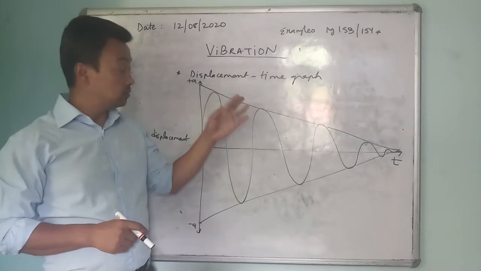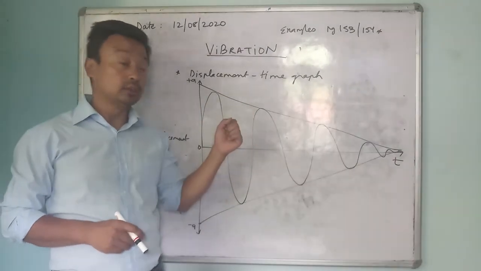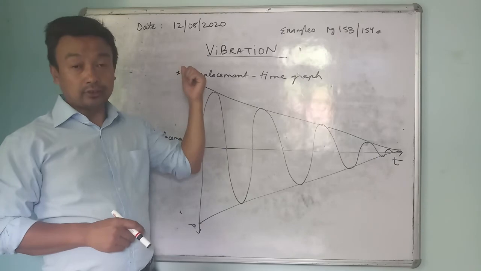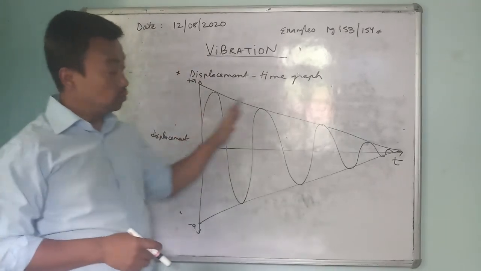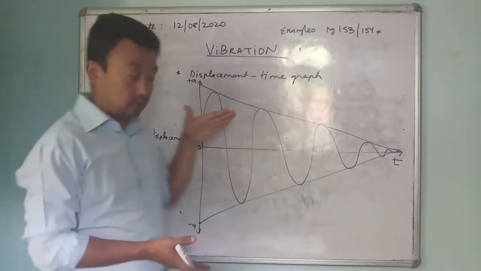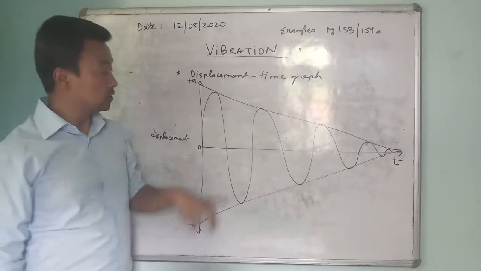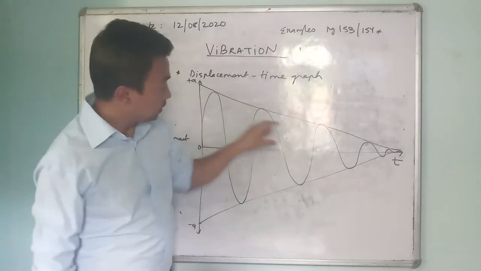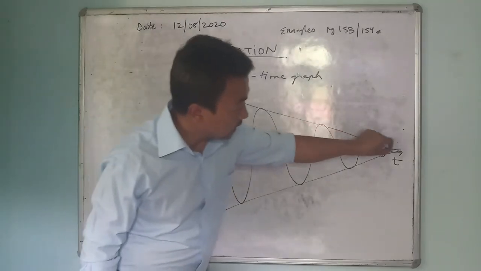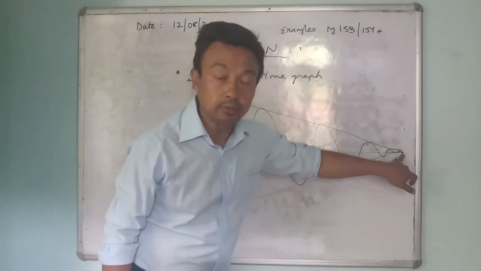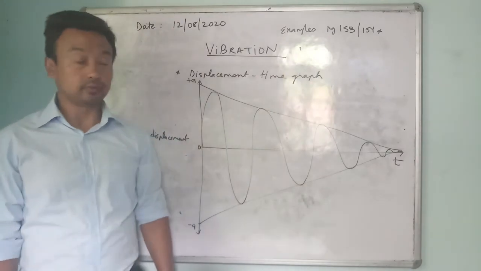If you compare with the first one, natural vibrations, it was moving along the parallel line. The amplitude was remaining constant, but here with time the amplitude is decreasing and finally it comes to zero. That means the body will stop vibrating.